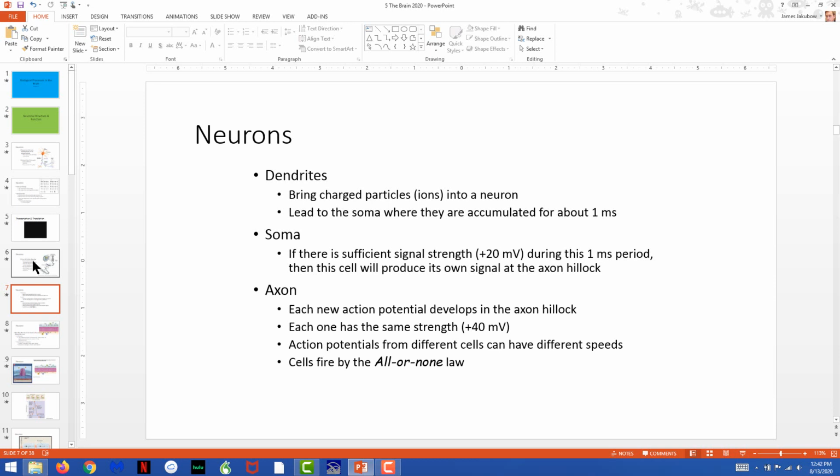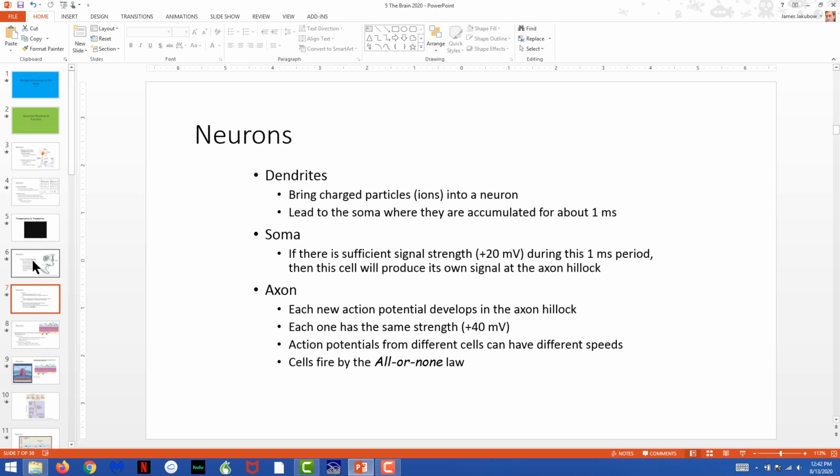Because the charged particles that generate the action potential either cross the threshold of positive 20 millivolts in 1 millisecond or they don't, the cell will be said to fire in an all or none process. The cell fires or it doesn't fire.